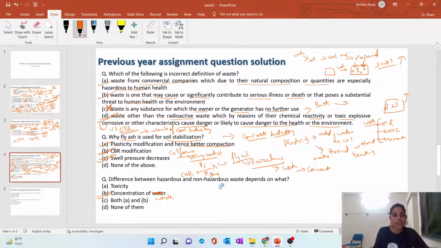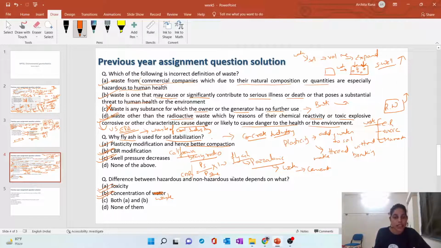Similarly, fly ash can also be collected and used for such purposes. For people not related to or not living near the coal mine, fly ash is not toxic, but for the people who are working in the coal mine, it is toxic. So whether a waste is hazardous depends on its toxicity to a person.